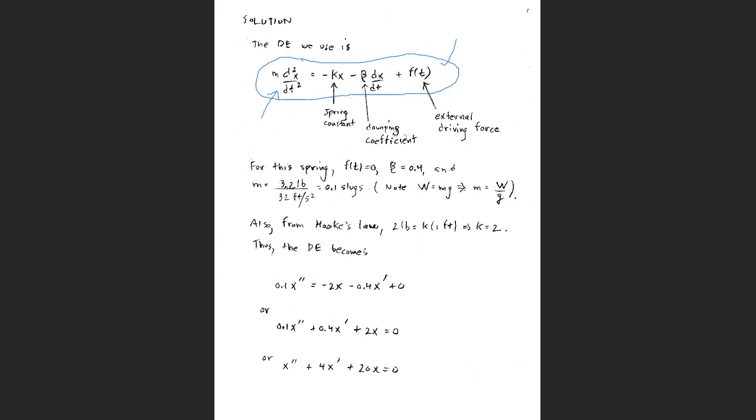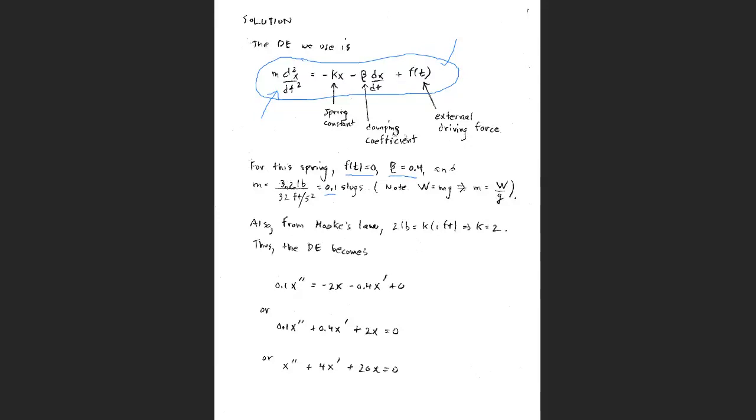So for this spring, let's figure out what these values are. There's no external driving force, so f(t) is 0. Beta is 0.4, that was given to us. And the mass in this case is going to be 0.1 slugs.